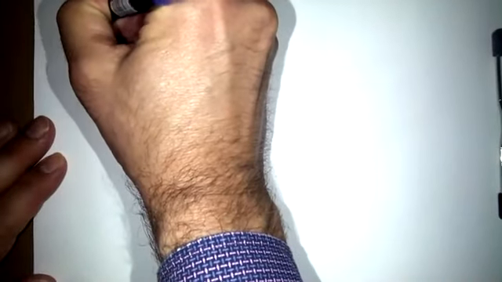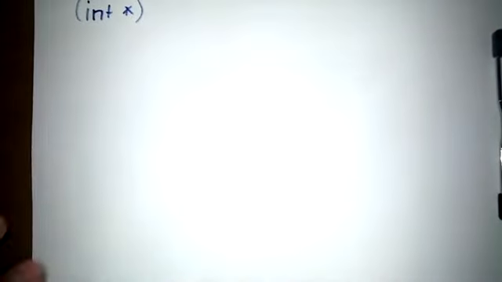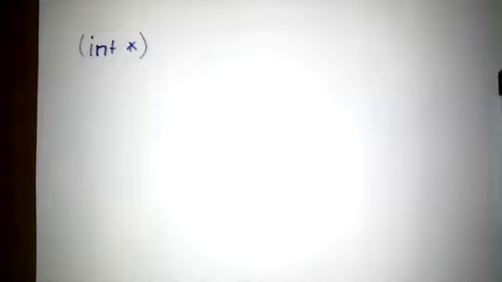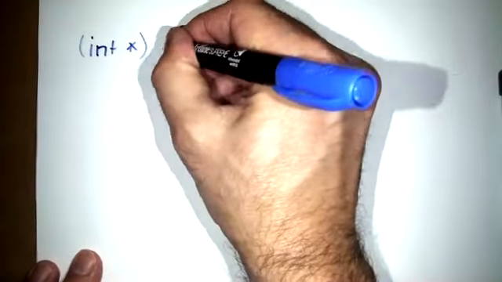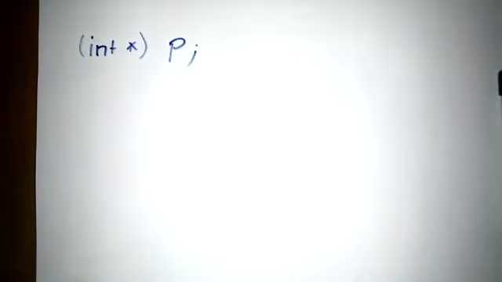As you can see on that slide 56, integer star p declares p as a pointer to an integer. The way this should be read is we are declaring a variable of type integer pointer. So we are declaring p as pointer to an integer.